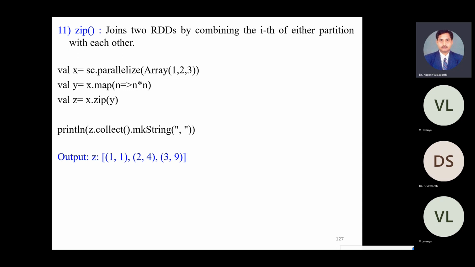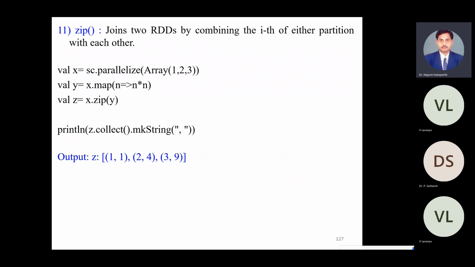Now I am expecting the output variable z is equal to x.zip(y), meaning according to the output variable y, n times n means n square, it will print the values.